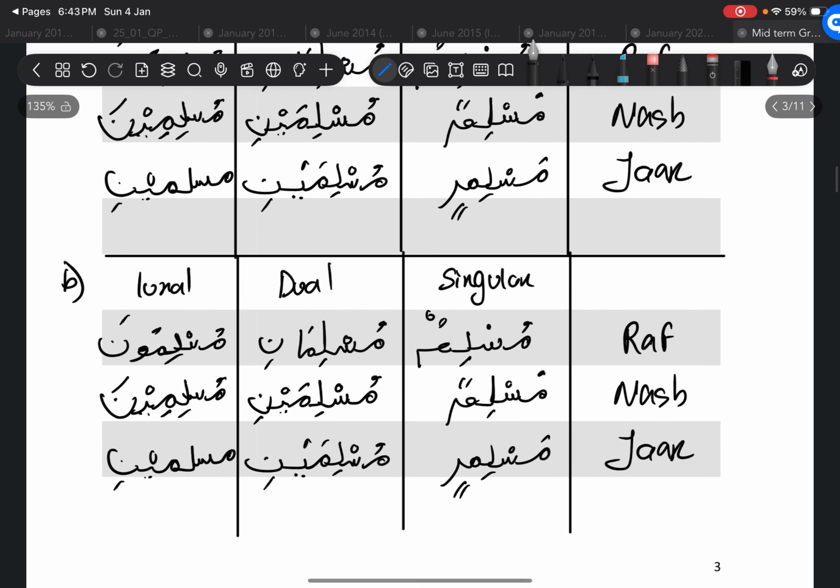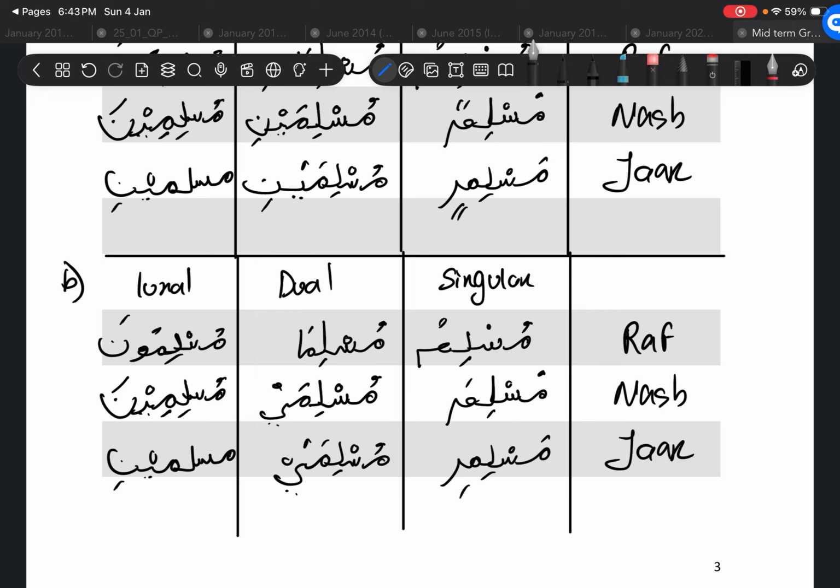So muslimun would become muslimu, muslima, muslimi. This part would be just muslima, muslimai, remember?